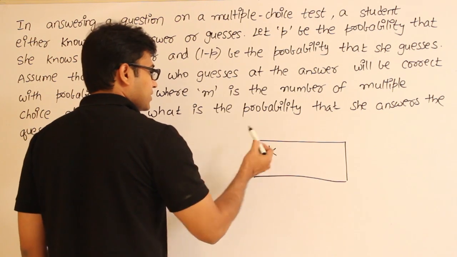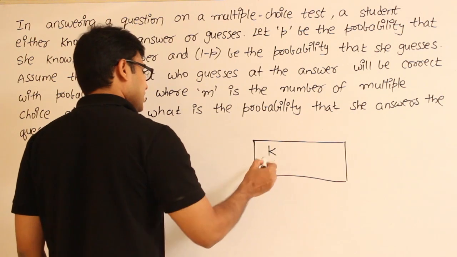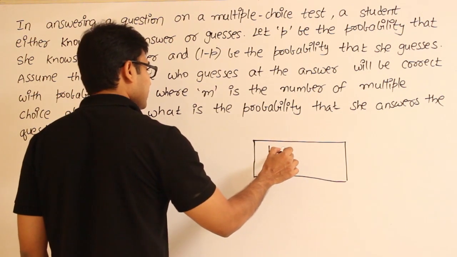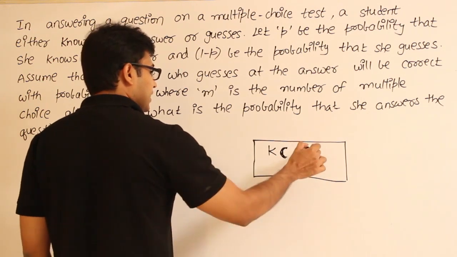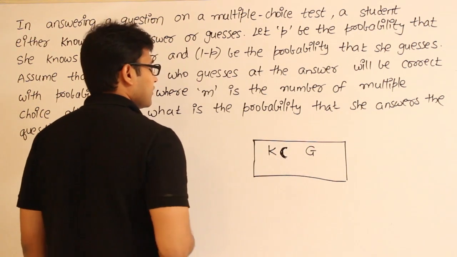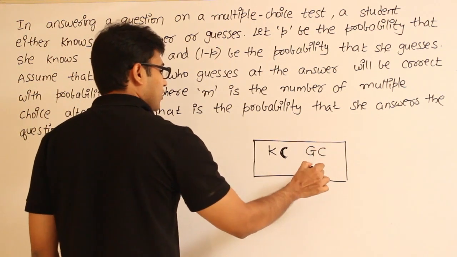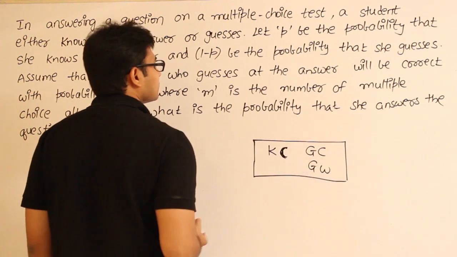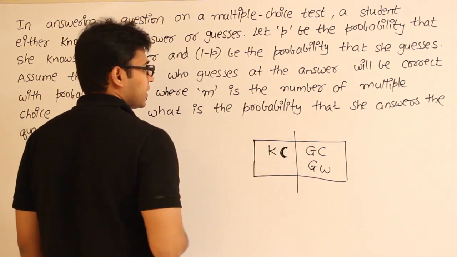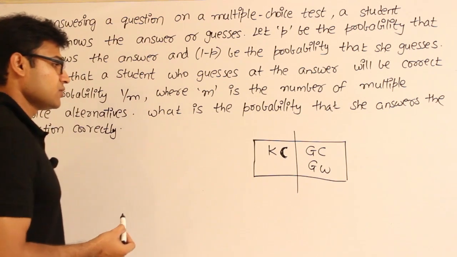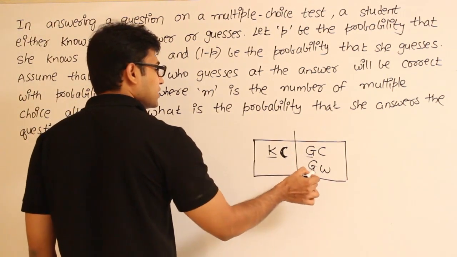In case she knows the answer, she will always answer the question correctly. In case she guesses the answer, she may be correct or she may be wrong. Therefore, based on this, you can divide the sample space into 2 parts, whether she knows or whether she guesses.